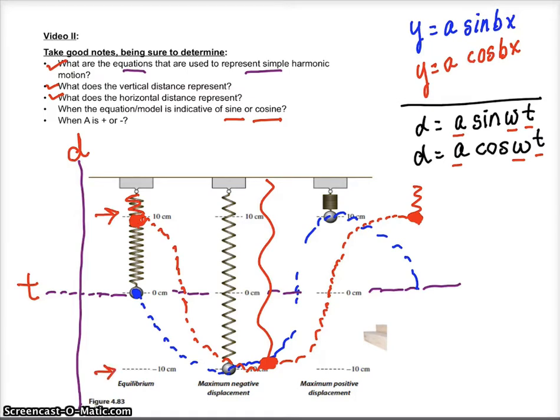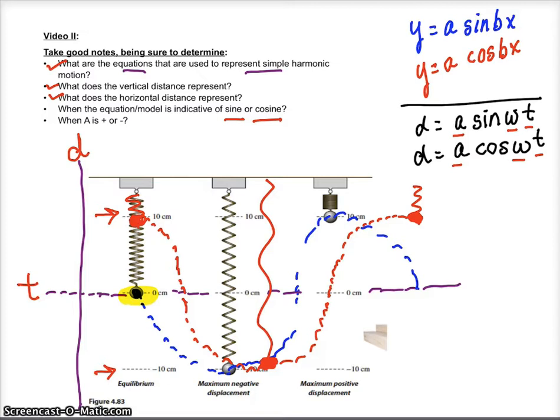We know that cosine always begins at the amplitude. So if the simple harmonic motion begins at the maximum or minimum displacement, it will be represented by a cosine wave. If the function begins at equilibrium, it will be represented by a sine wave.